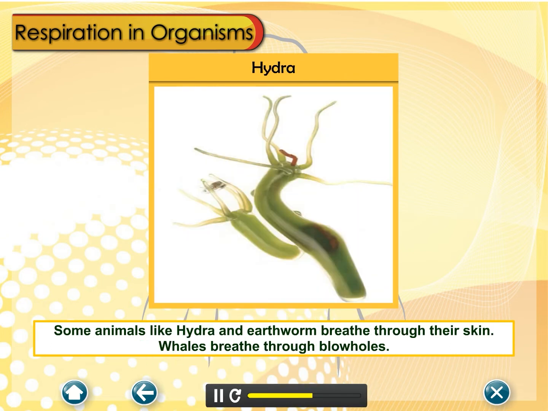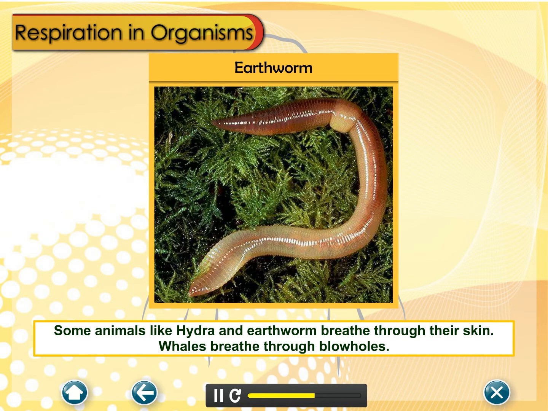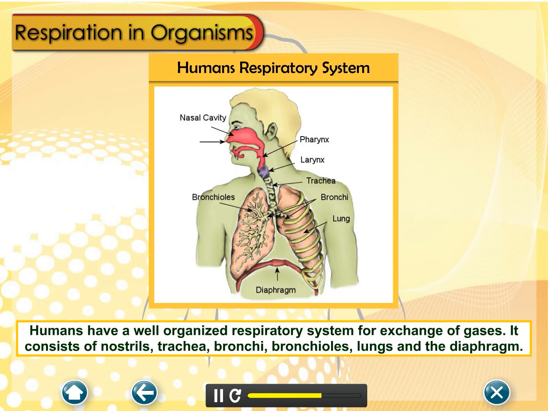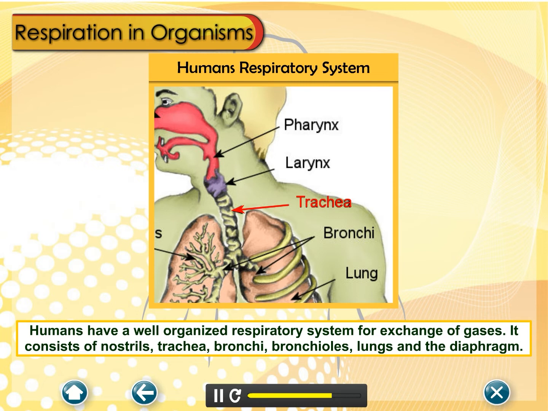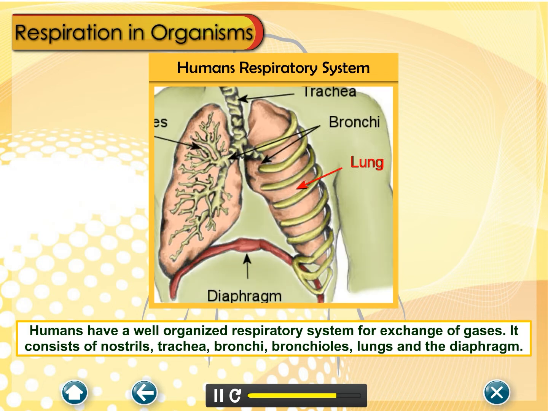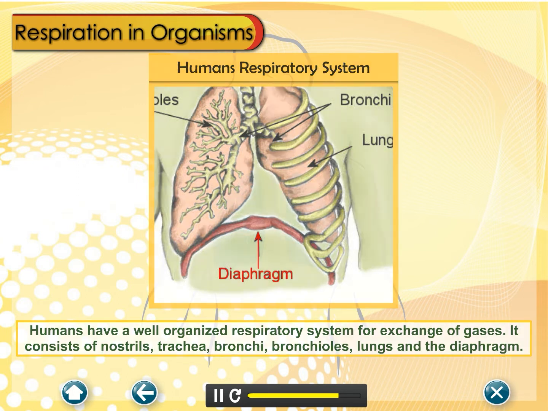Some animals like hydra and earthworm breathe through their skin. Whales breathe through blowholes. Humans have a well-organized respiratory system for exchange of gases. It consists of nostrils, trachea, bronchi, bronchioles, lungs, and the diaphragm.